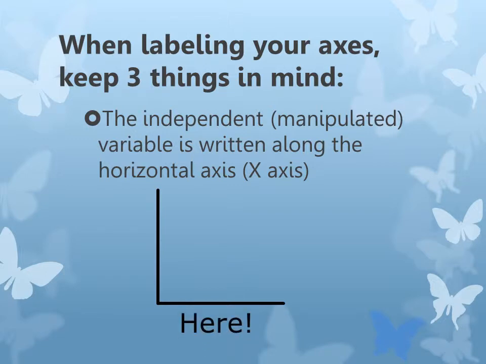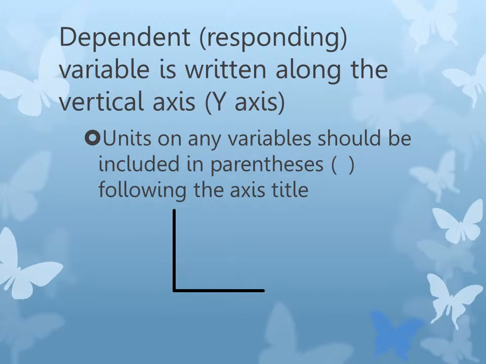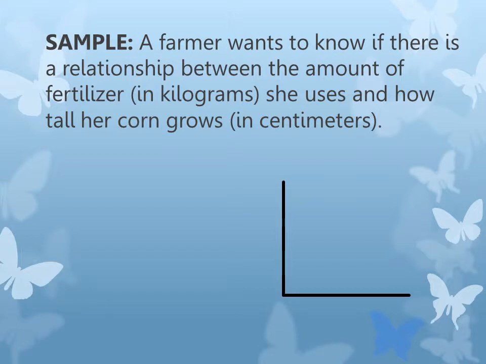So you're going to put that right here. The dependent variable, the one that is going to be changing or responding, is going to be written along the vertical axis or the y-axis. So you're going to put that right here. And then the last thing you need to remember is that the units on any variable should be written in parentheses along the axis, and that's the most important thing.